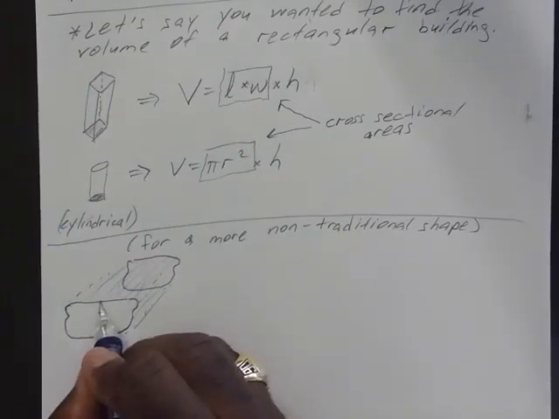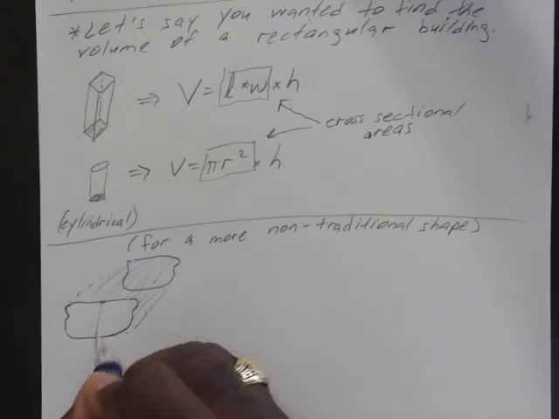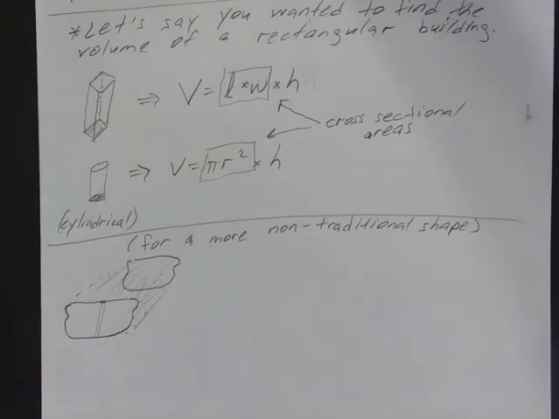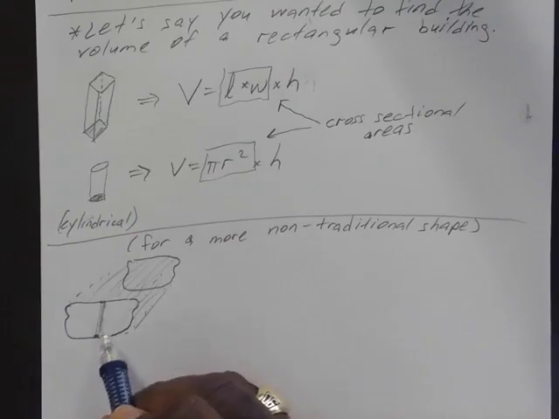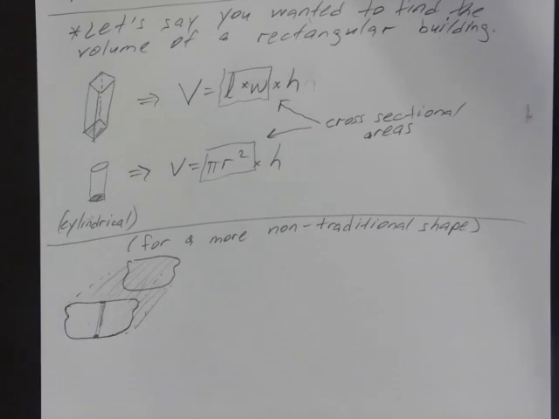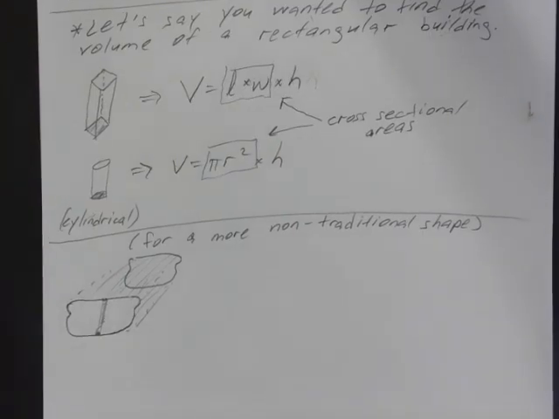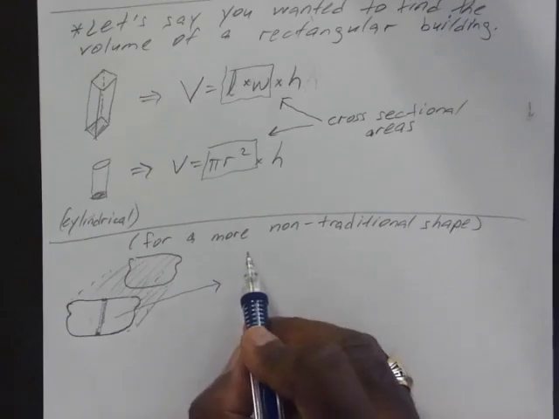So just a little cylindrical cross section. And we're going to basically slice it out. So if we take that little slice out and draw it a little bit bigger.